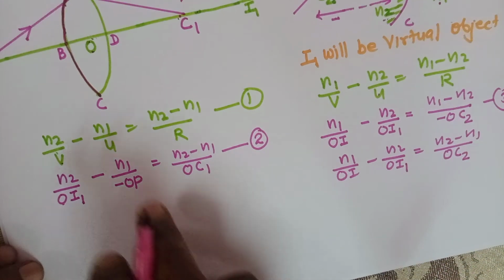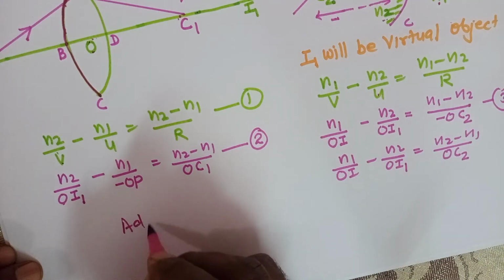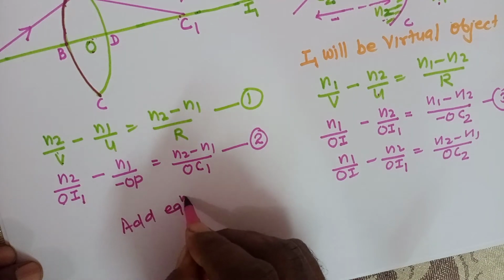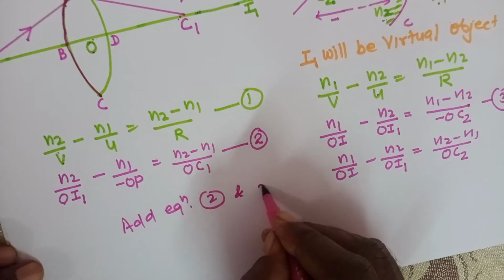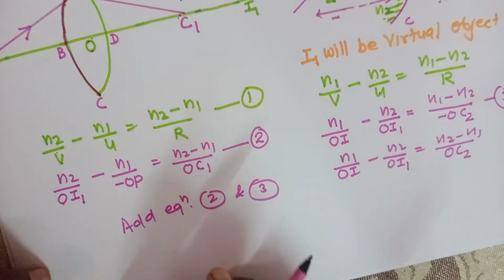Then we can add these two equations, equation 2 and equation 3. Left hand side with left hand side, right hand side with right hand side.